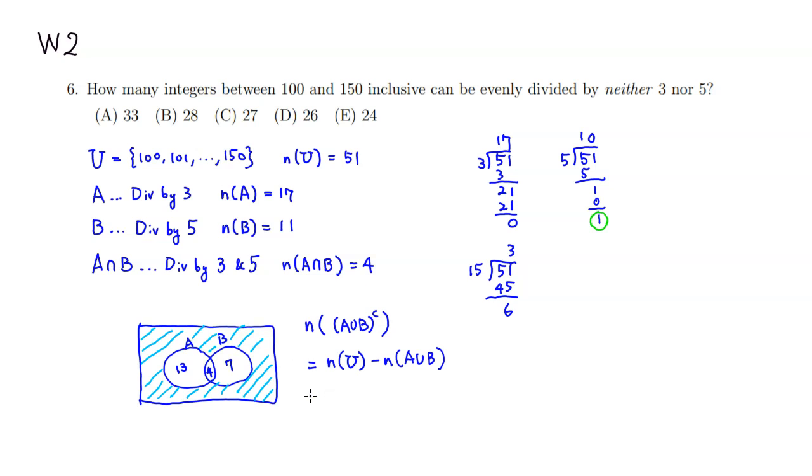We know how to do that, right? The total number is 51, minus, inside this union, you're going to have 11 over here and 13 more, so it's going to be 24. So subtract that 24, and it's going to be 27. Hopefully that answer is right. So there are 27 numbers that are not divisible by 3 and also not divisible by 5. All right, that's it. I hope that this was clear.